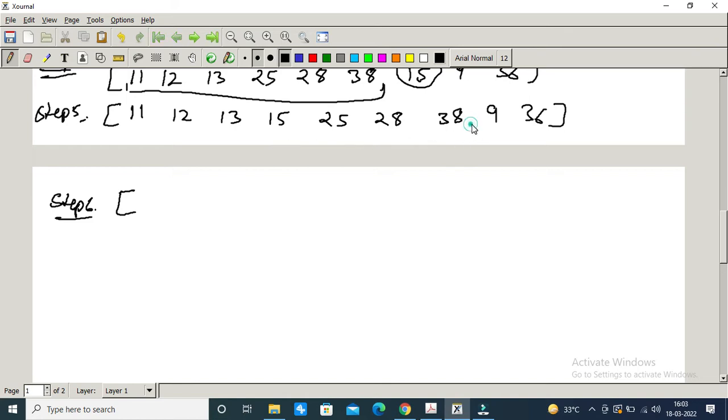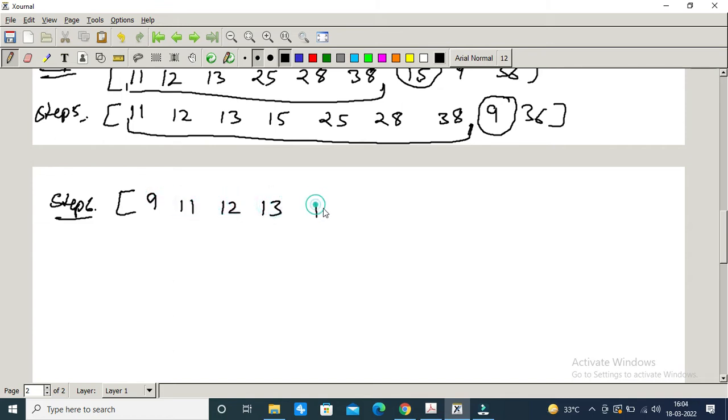Now this much is already sorted, so we have to find a proper place for 9. Because 9 is less than all these elements, 9 will be at the first place. So 9, 11, 12, 13, 15, 25, 28, and then 38, and then 36.